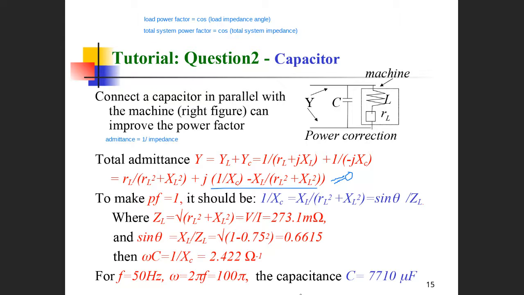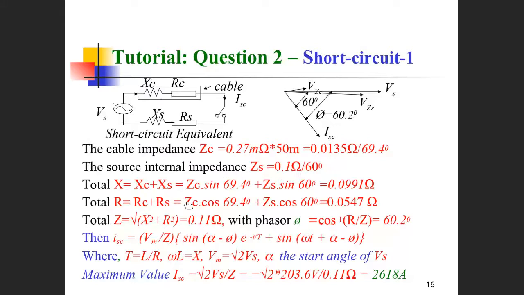The third part shows that if the machine's impedance is 0, that means a short circuit has occurred at the machine terminals, then the system voltage is consumed by the cable and the internal impedance of the source itself.